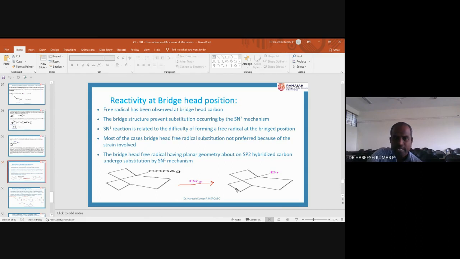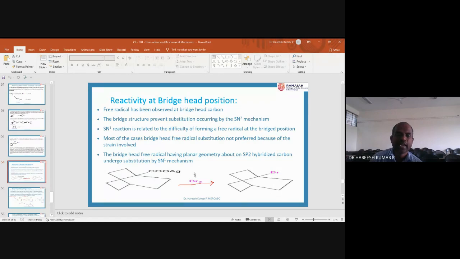Okay, and it's a name reaction. It is possible to convert a silver carboxylate into a halo carbon. And then I will go to the next slide.